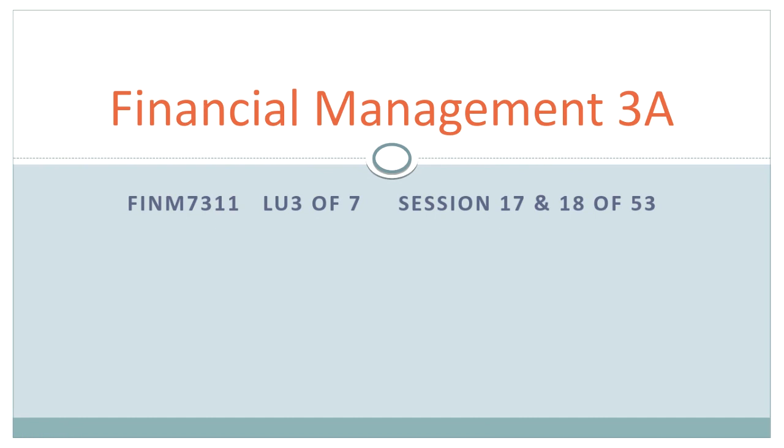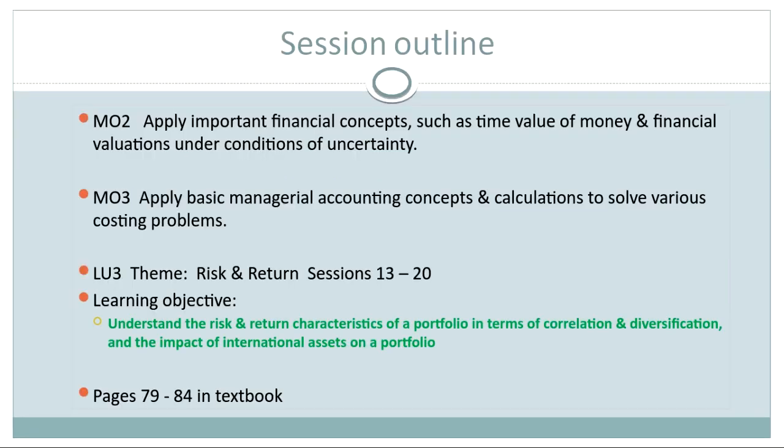Okay, so then looking at learning unit 3, I just want to go back to my learning objectives over here. So this is risk and return. These slides start at the section where we look at a portfolio, and we look at correlation and diversification, which also are concepts that relate to a portfolio itself.